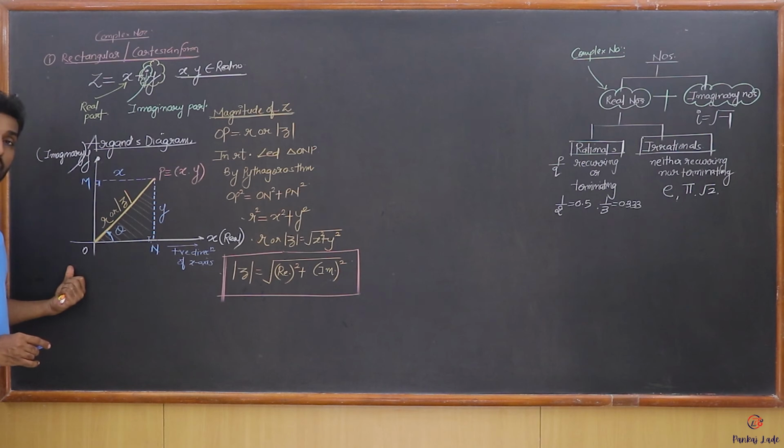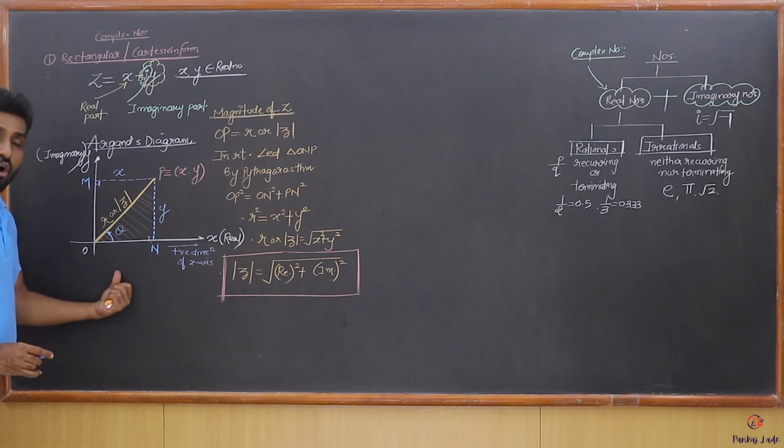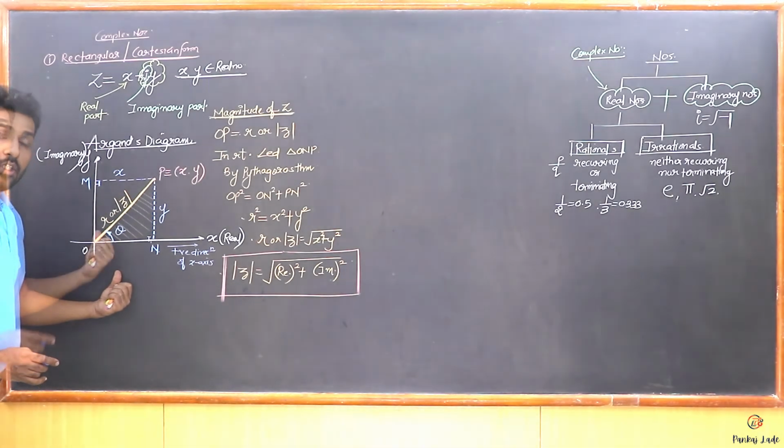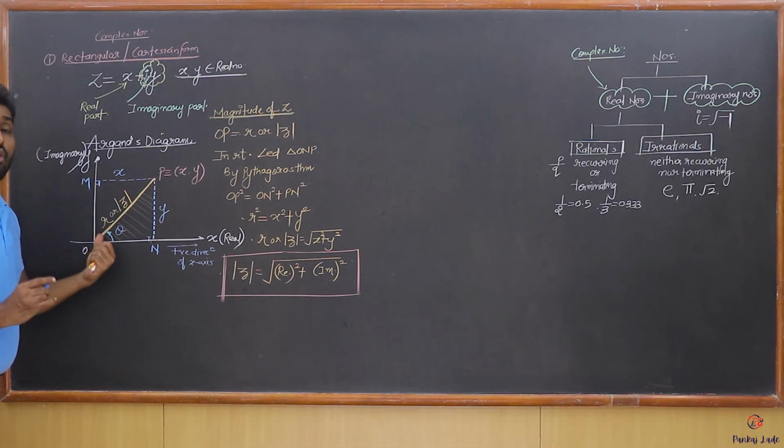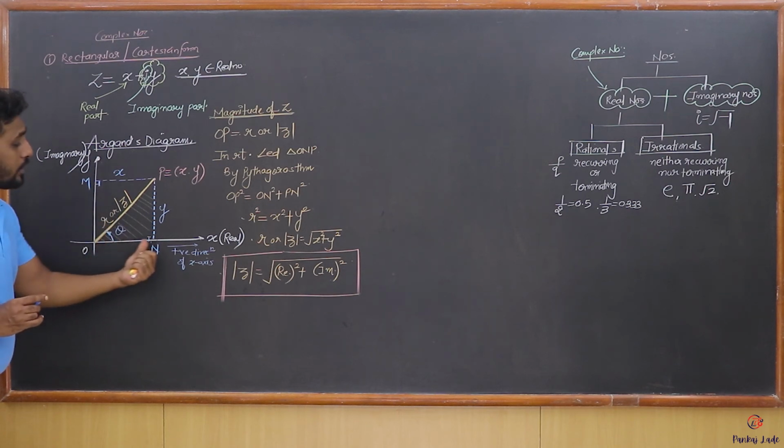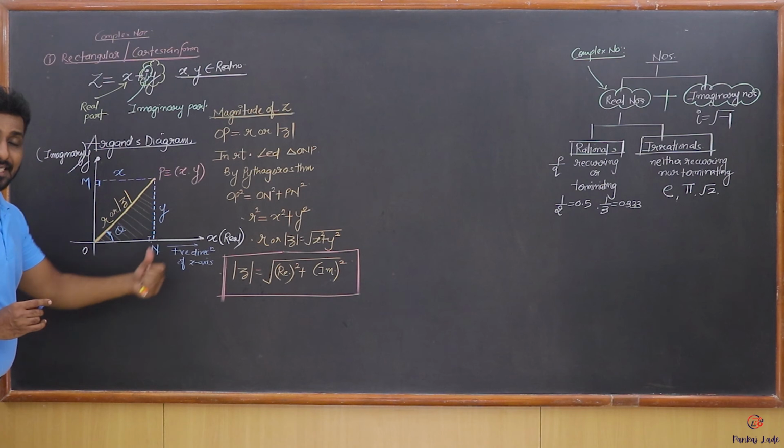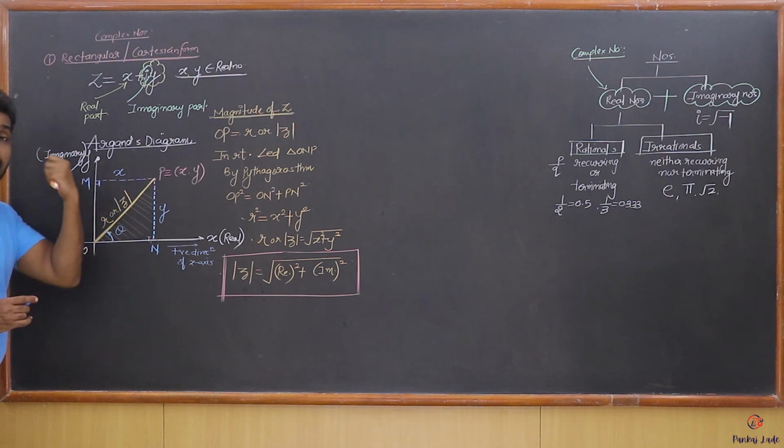When it goes to the third quadrant, it is going to be more than 180 degrees, and when it goes in the fourth quadrant, the angle is going to be more than 270 degrees. So this is very important, students. Whenever you want to tell the amplitude or the argument of z, it should always be measured with respect to the positive direction of the x-axis and in the anti-clockwise direction.